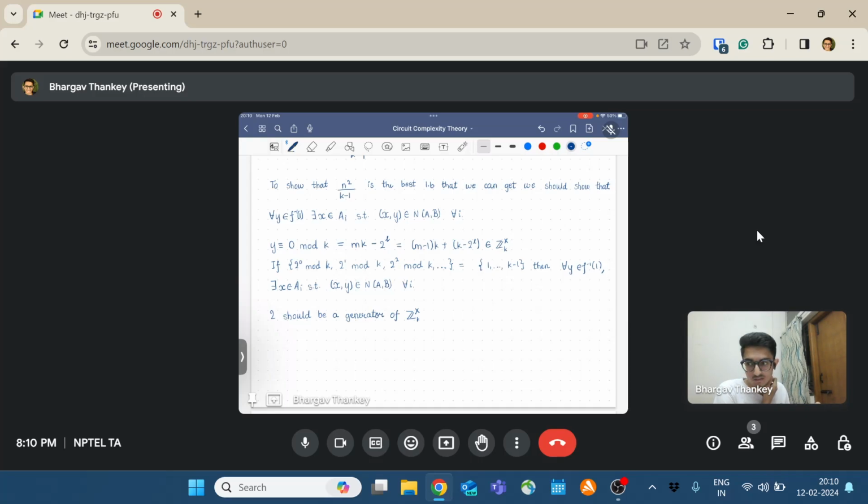Oh wait, no, this is true when k is a prime number. Fine. If two is a generator and this element is in the group, then you would get it. If 2 is a generator, it already generates all the values up to k minus 1. So if it happens by flipping some 0 to 1, it would also happen by flipping some 1 to 0.